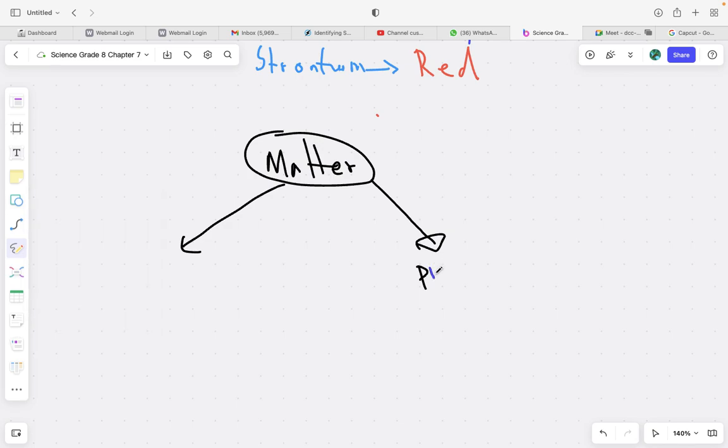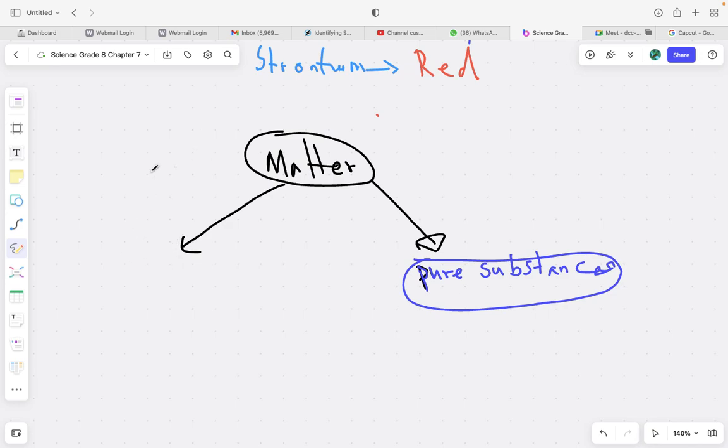So matter is divided into mixtures and pure substances.